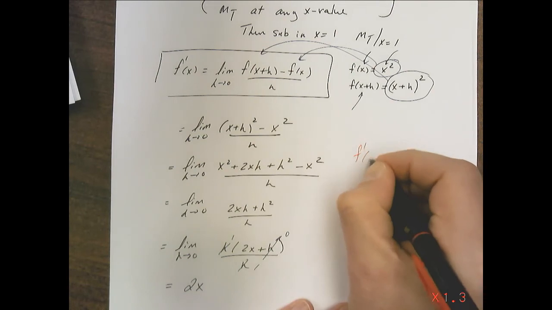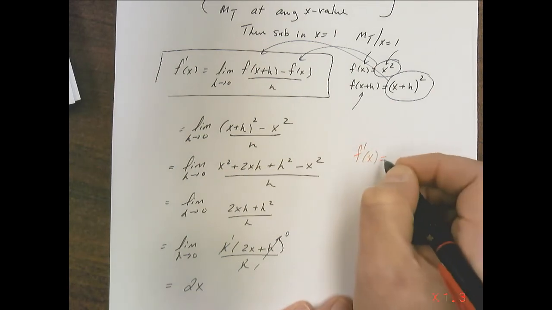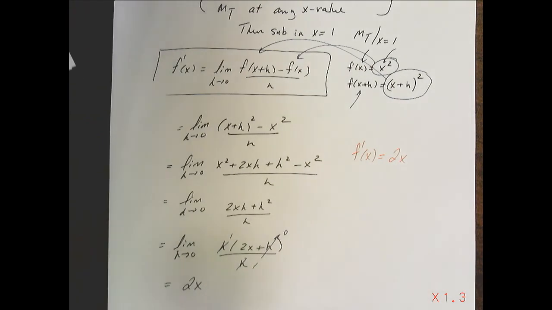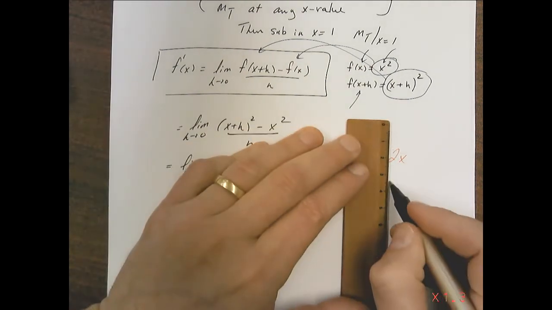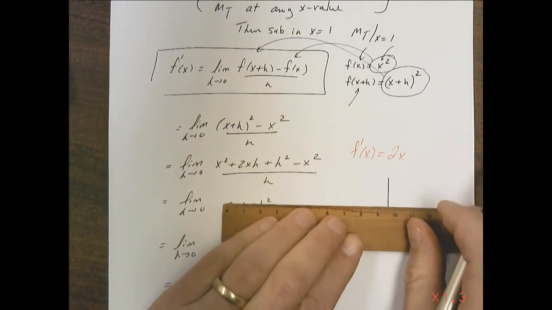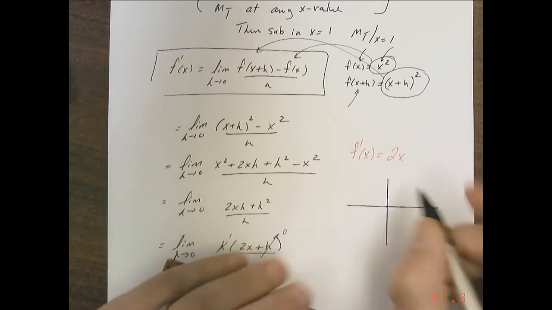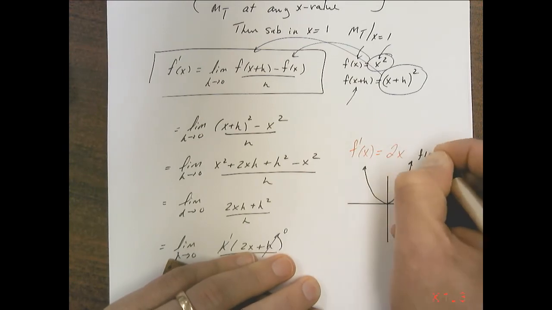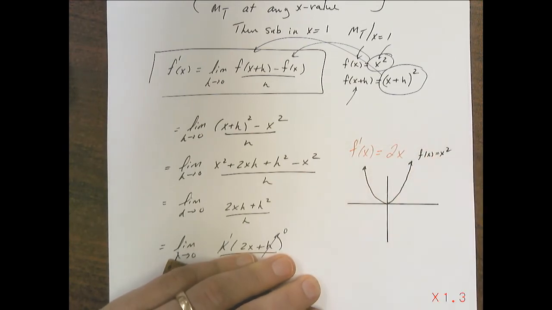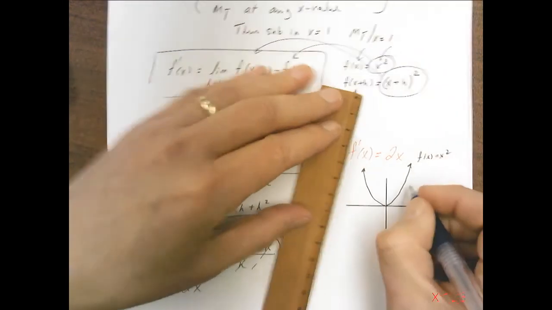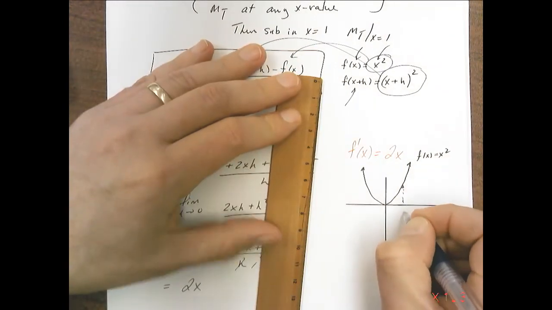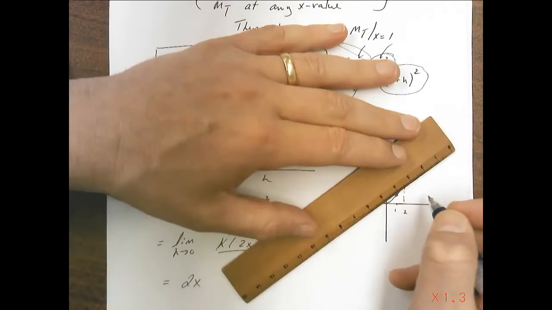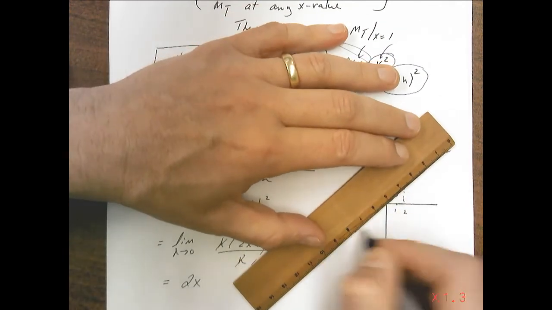Now let's be very clear of what we found. We know that the derivative function for f of x equals x squared is 2x. What that means, ladies and gentlemen, if we go back to our geometric concept of what's going on, we have f of x, which is x squared, and I have a new function that will give me the slope of the tangent if I put in 1, if I put in 2, if I put in 3.